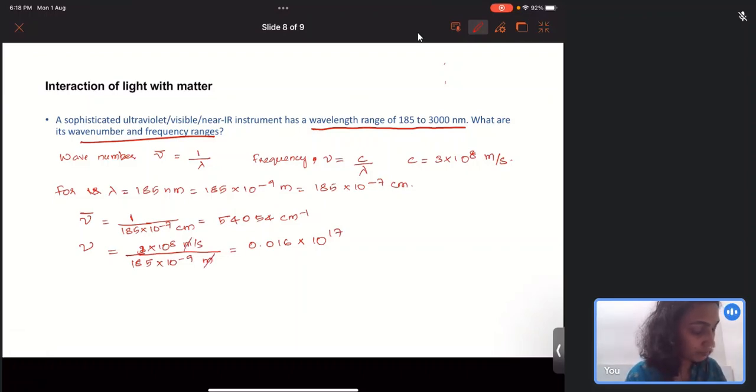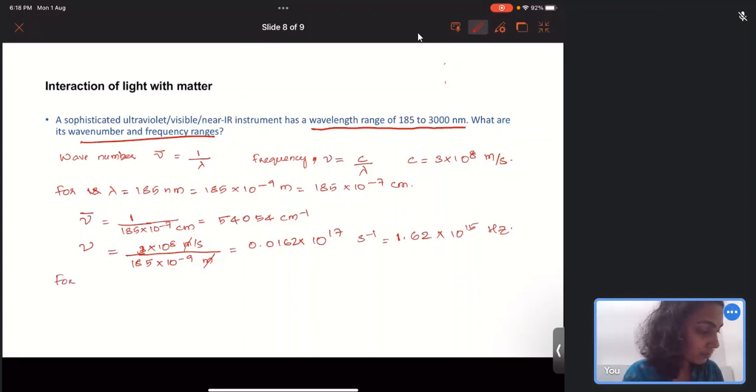The meter and meter will just cancel out, and this will be 0.0162 into 10 to the power 17 second inverse. So this can be written as 1.62 into 10 to the power 15 hertz. Second inverse is also hertz, so we can just write it as hertz.